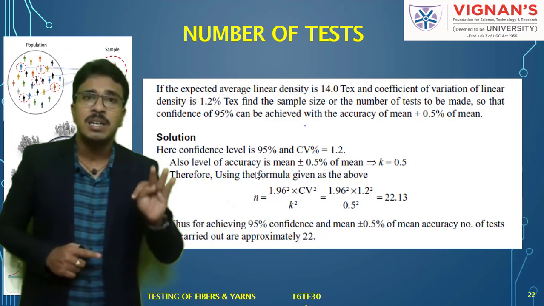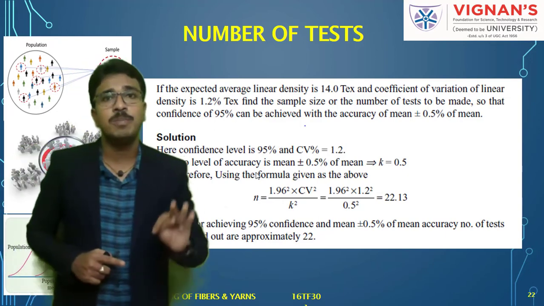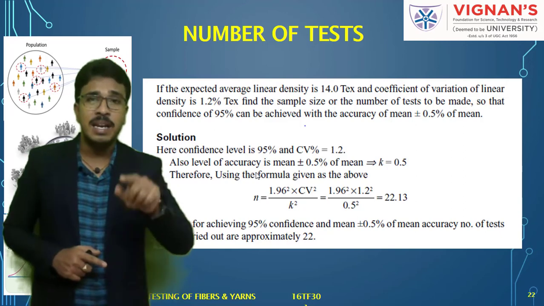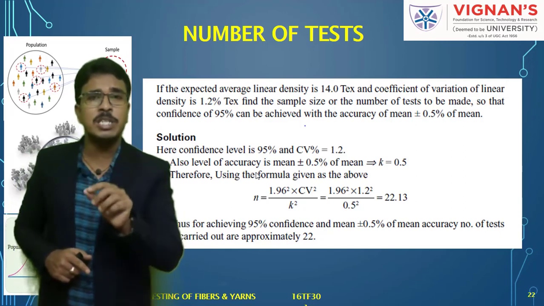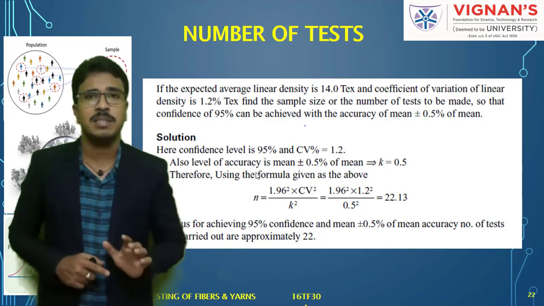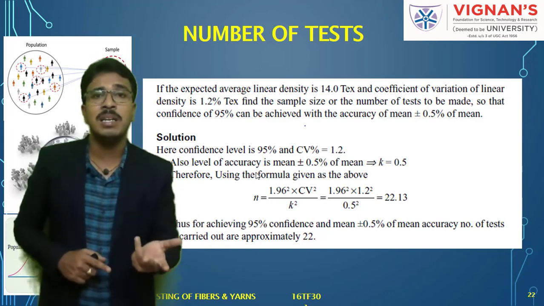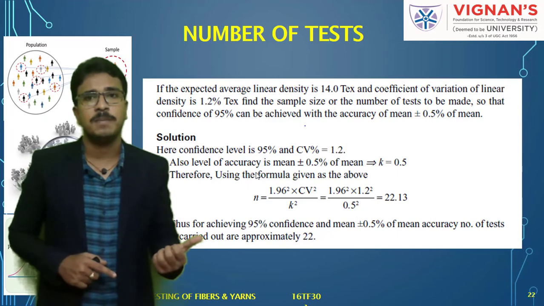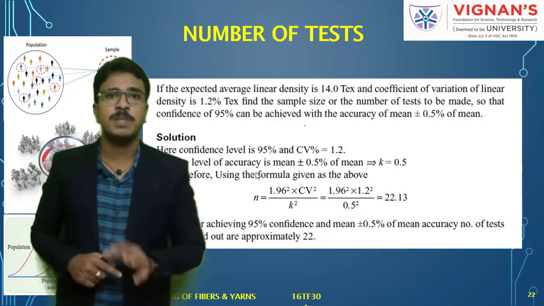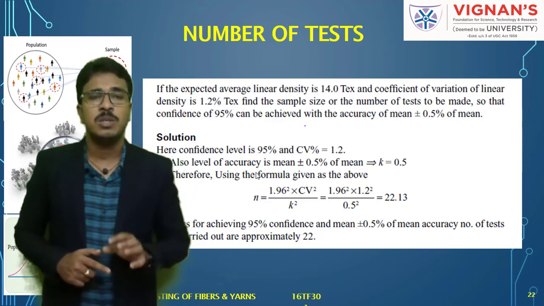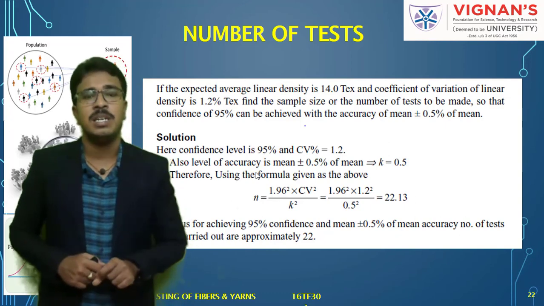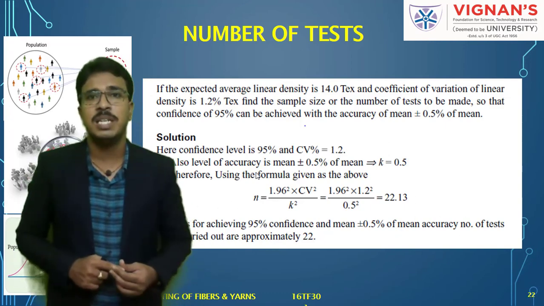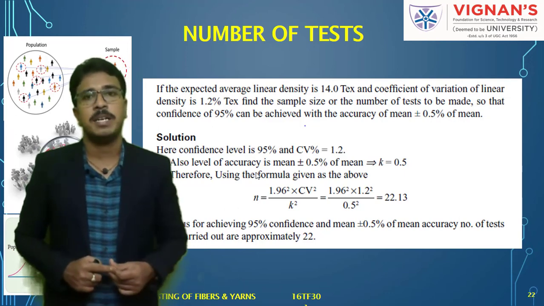The confidence level should be 95 percentage, and the error is plus or minus 0.5 only from the mean. It should not be more than 0.5 or less than 0.5, that is plus or minus 0.5 percentage of mean. So accordingly we need to find out the number of tests to be made.